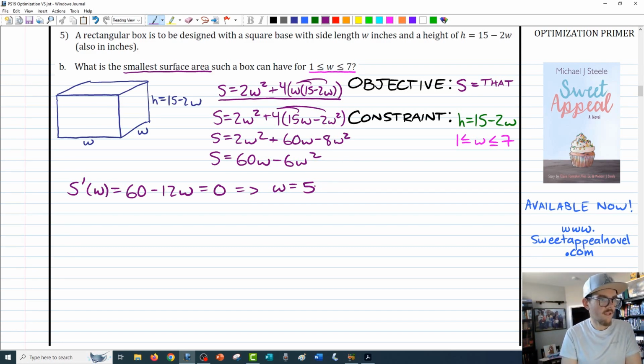I did, by the way, use a sign chart to do this last time. But if you think about it, because this is a candidates test problem, we don't need to check if this is a max or a min at all. All that matters is that it's critical.